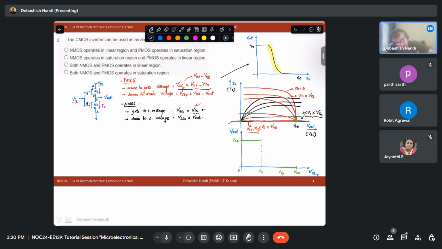Similarly, there will be a point when both of my current levels will be at a similar range. So you see how the green point, or the crossover point of two currents, because my V out is determined by the balancing of two currents, PMOS current and NMOS current, and those two currents have to be the same.